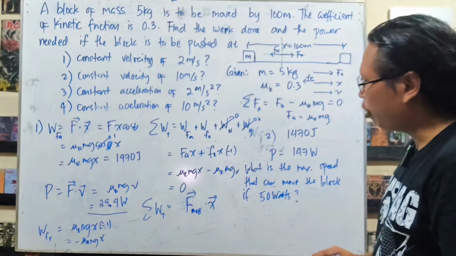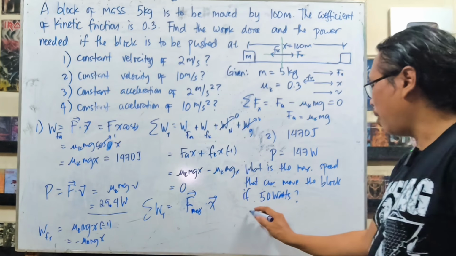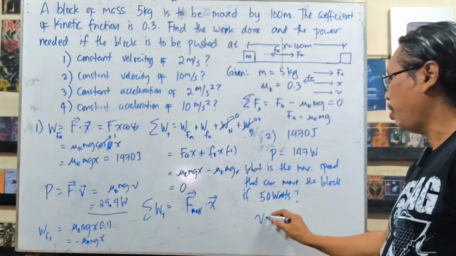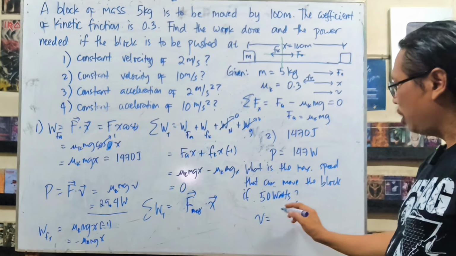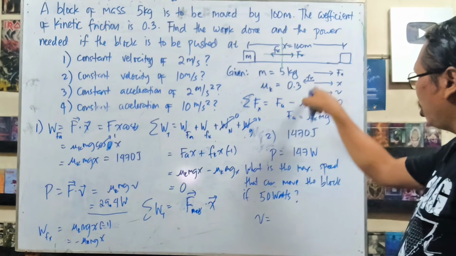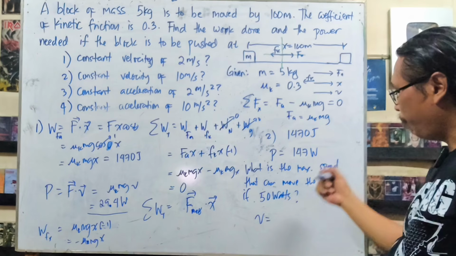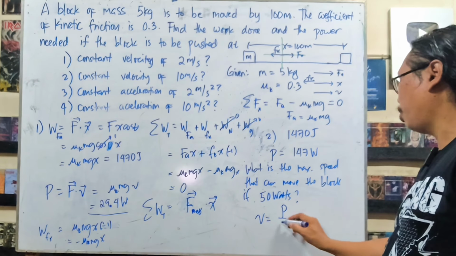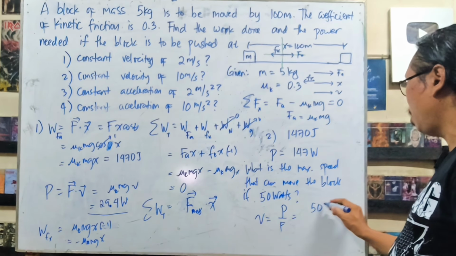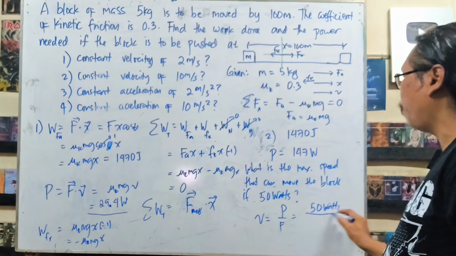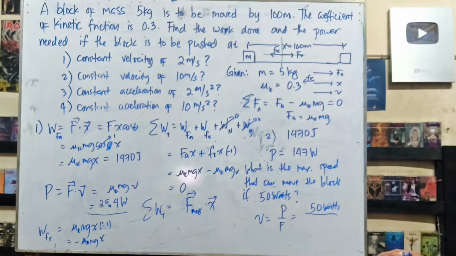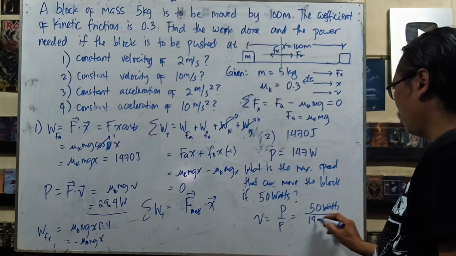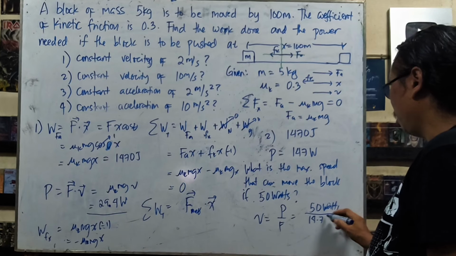Here to calculate that, P is just equal to F times V, and V is positive because our force is moving with the velocity, so V is just equal to P over F. In this case, you have 50 watts divided by the force, which is 14.7 newtons.